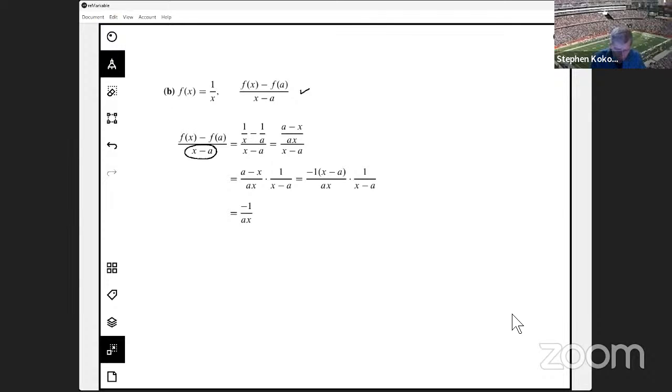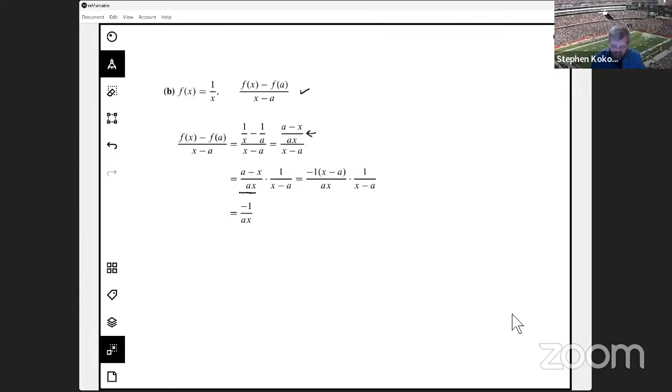f of x minus f of a is 1 over x minus 1 over a. And a good problem solving technique here, I think the natural thing to do is to try to get a common denominator in the numerator. That sounds kind of weird, but common denominator in the numerator. Now, if I've done all of that correctly, I'm going to leave that numerator alone. I'm going to take the reciprocal of the denominator and multiply.